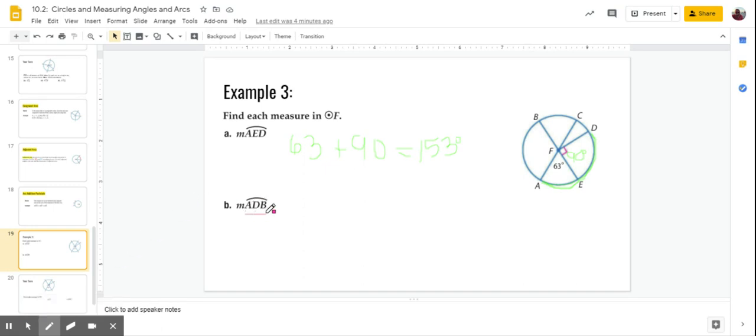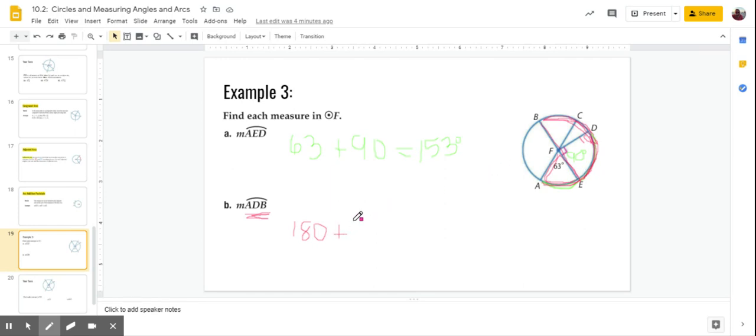And now we're going to look for ADB. Wow, that's a big one. I know that is a major arc. I noticed that this section right here is actually half of my circle. So half of my circle is a semicircle, and that's 180 degrees. So I have 180 plus my other adjacent piece, which is this portion, because I have to remember to add this piece as well, which is 63.